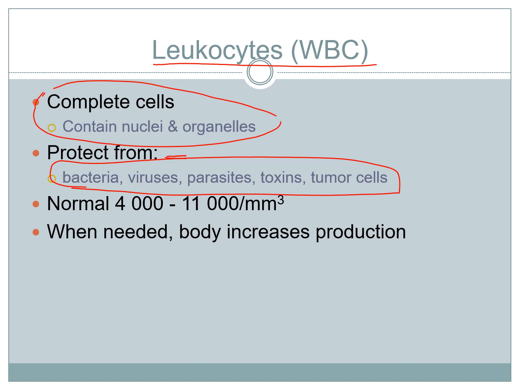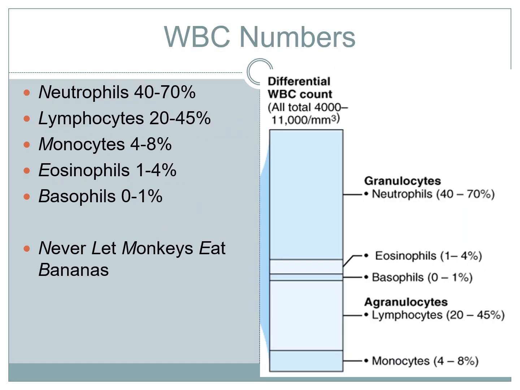Their range is generally around 4,000 to 11,000 cells per cubic millimeter. And obviously that increases as needs basis. Whenever you have an infection, you'll have over 11,000. Looking at the distribution of leukocytes itself, there are 5 leukocytes with specialized function within the body.